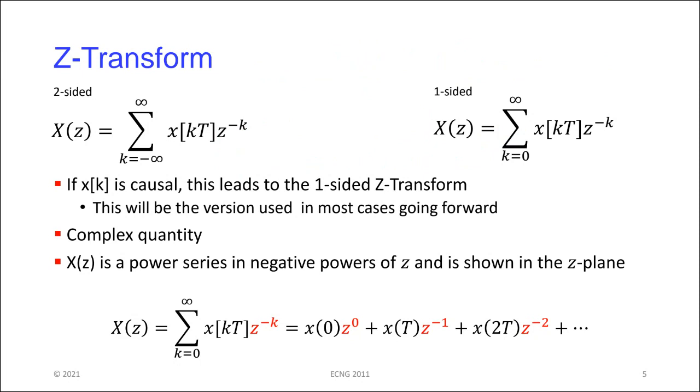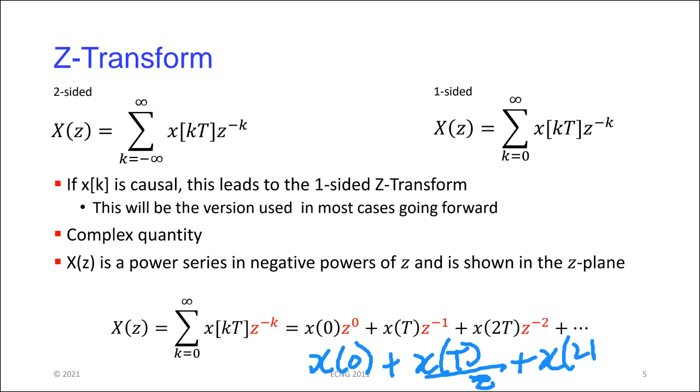They put it there, and then they have the answer x0 plus x1t over z plus x2t over z squared. Some mathematics books, for instance, put this as 1 over z.